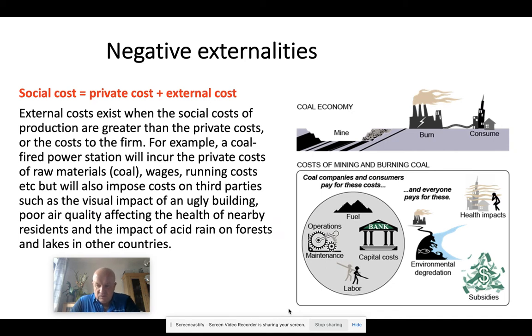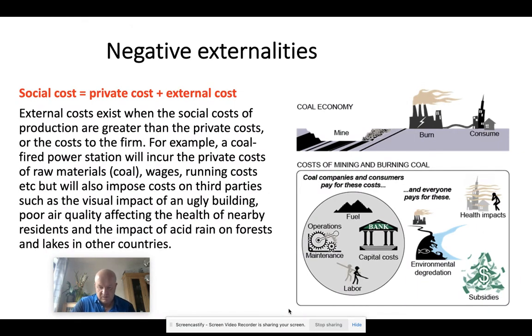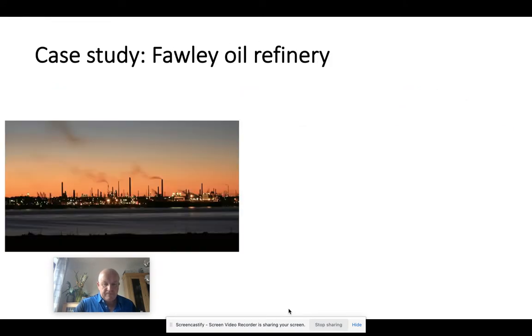And clearly, coal companies and consumers pay for certain things. They pay for fuel, for operations and maintenance, and they have capital costs. However, everybody pays for the negative externalities, the health impacts, the environmental degradation, and also any subsidies that might be paid to the providers of that particular good or service.